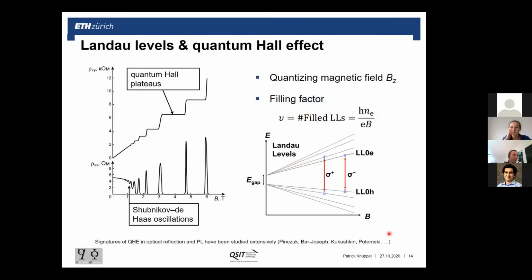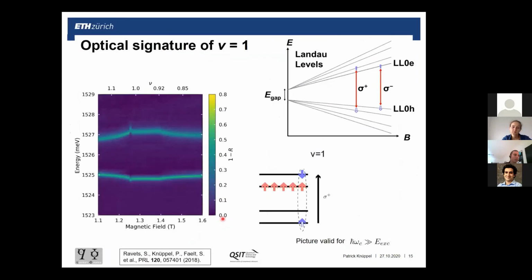What is not surprising, of course, is that eventually the electrons will quantize into Landau levels. And the Zeeman spin subbands we can address with sigma plus and sigma minus polarized light. And then they have, of course, the famous transport signatures of the quantum Hall effect. In optics, it looks as follows for our sample.